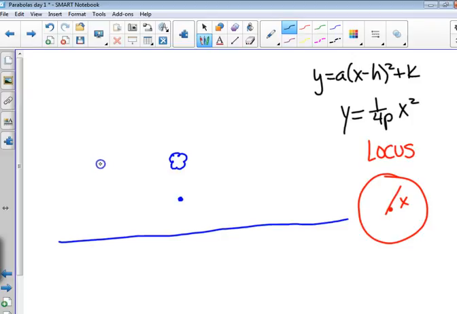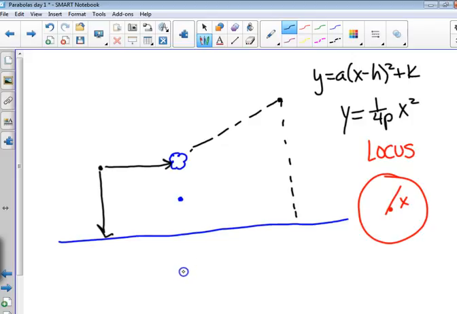Well, I could go over here somewhere and have this distance be exactly the same as this distance, okay? I could also go over here somewhere and have this distance be the same as this distance. All of the points that satisfy that are said to be equidistant. That makes sense?